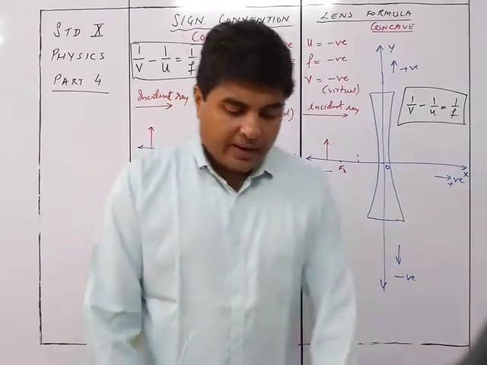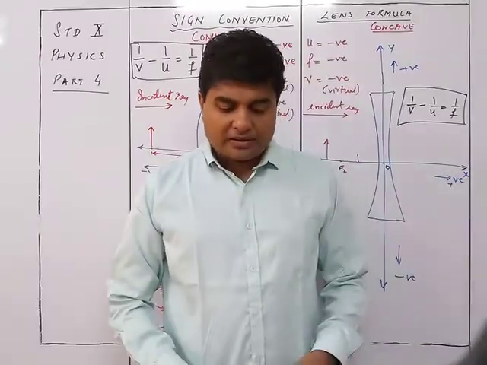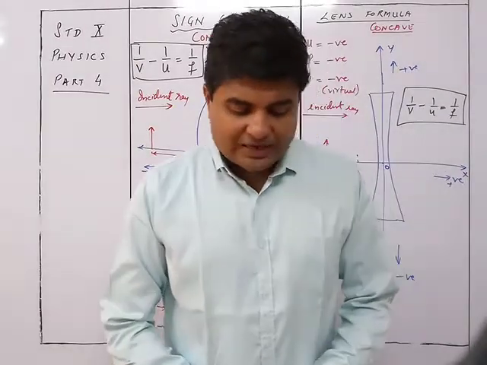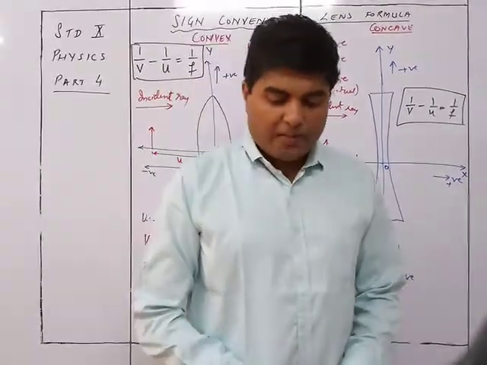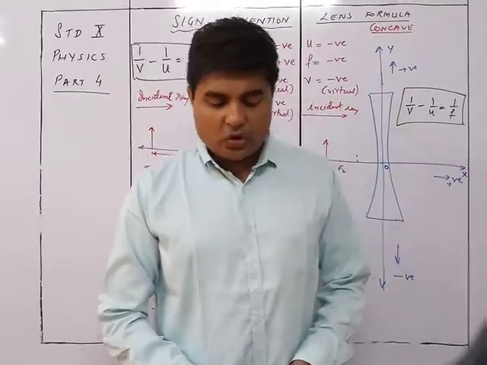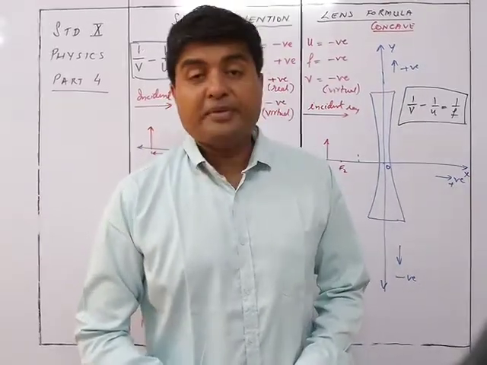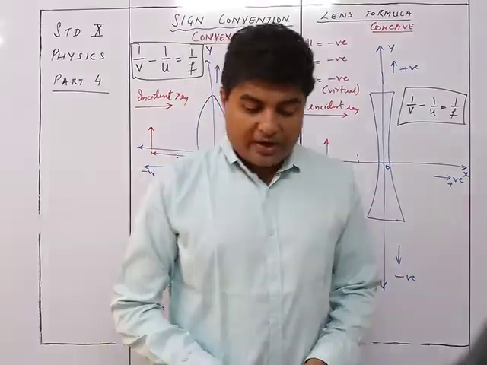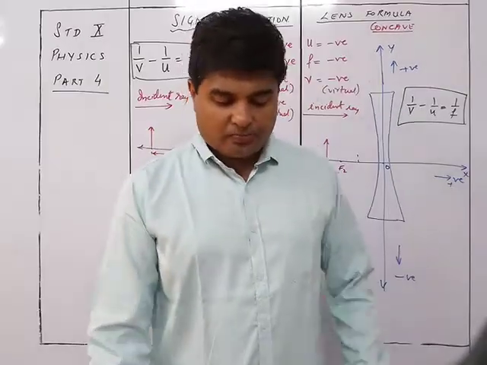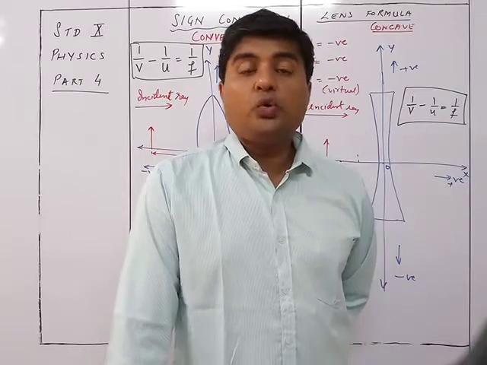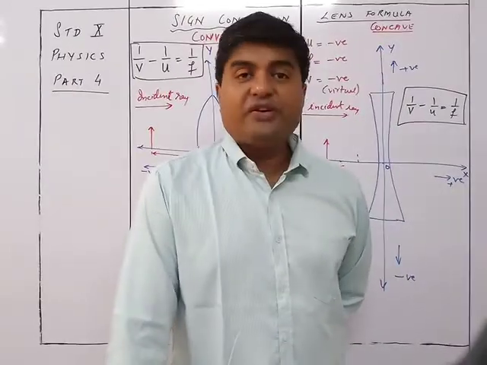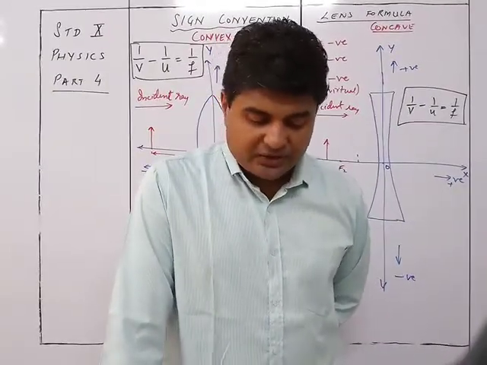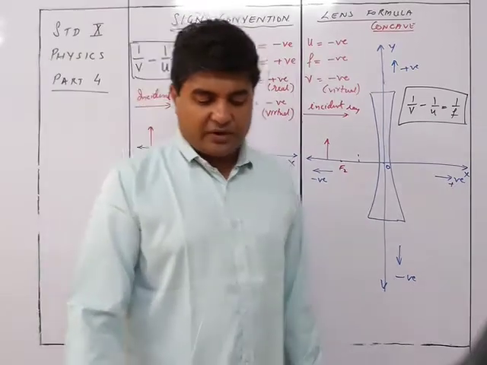So note, in numericals, the known values are substituted with their proper signs and then the unknown quantity is obtained with its proper sign. According to sign conventions, for a convex lens, U is always negative, F is always positive, V is positive for a real image, V is negative for a virtual image.